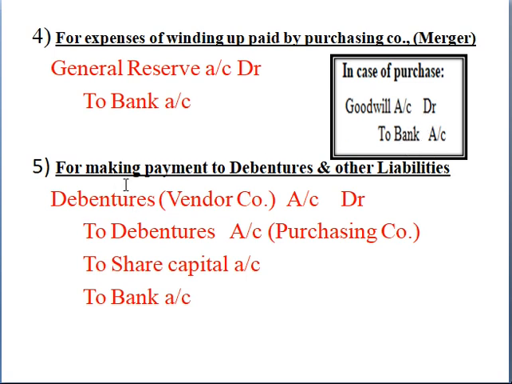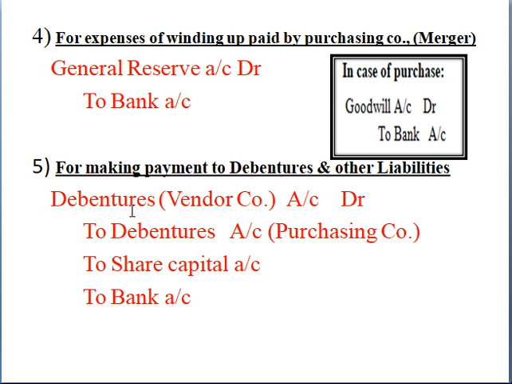The next, for making payment to debentures and other liabilities. Think that the purchasing company makes the payment to the debentures of the selling company, right? So how will the selling company's debentures be paid? They may be paid only through cash, or else through shares, or else through new debentures in the new company, right?